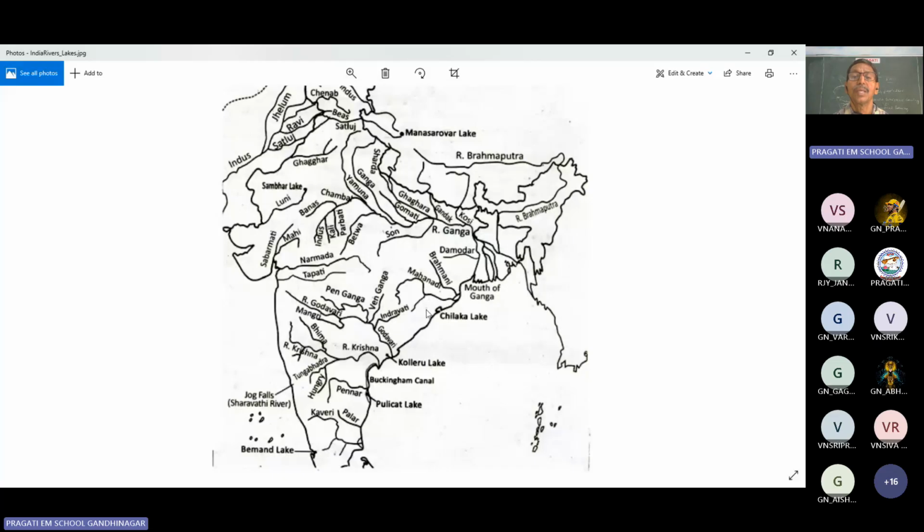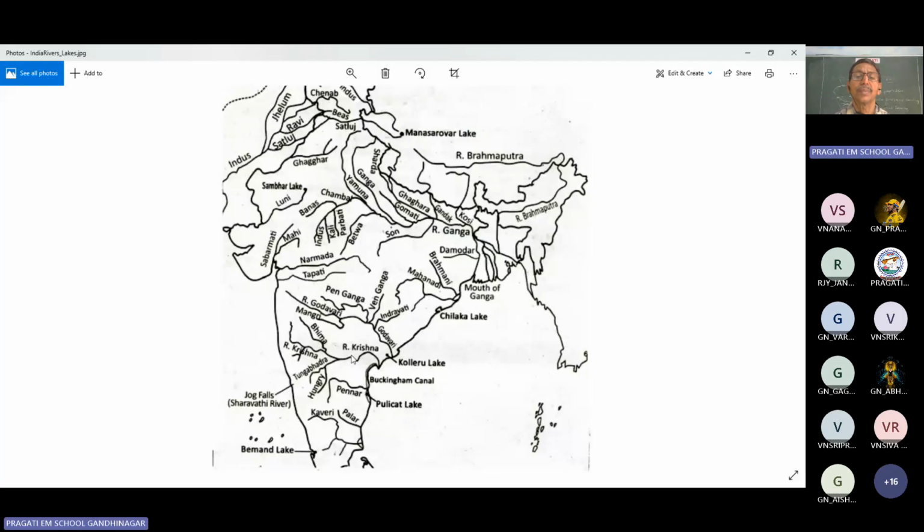Here, Chilka Lake, Kolleru Lake, see between the Godavari and Krishna rivers. Here, Godavari River, its tributaries, Indravati, Penganga, Wainganga. Here, Krishna River, its main course is in Karnataka and AP. Okay.